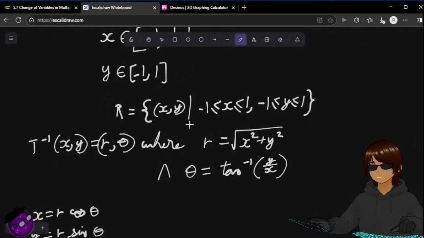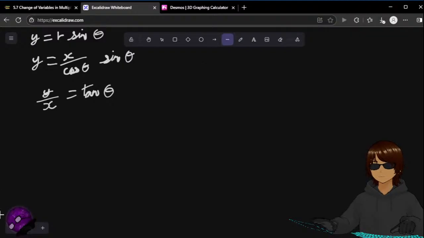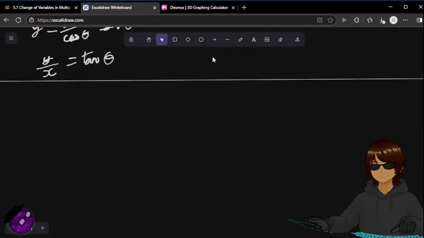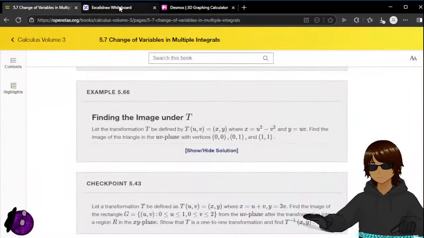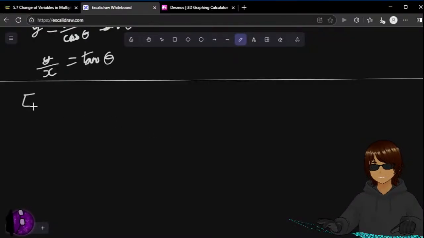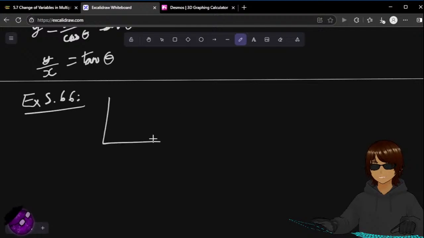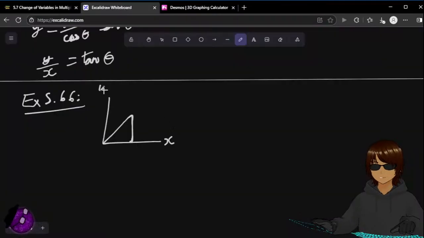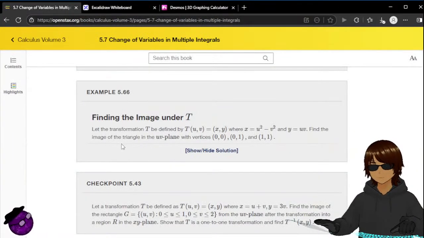So the triangle is defined in the xy plane, right? So in the xy plane, we have 0, 0, we have this, 0, 0, 0, 1, 1, 1 in the xy plane. And we want the image of the triangle in the UV plane.